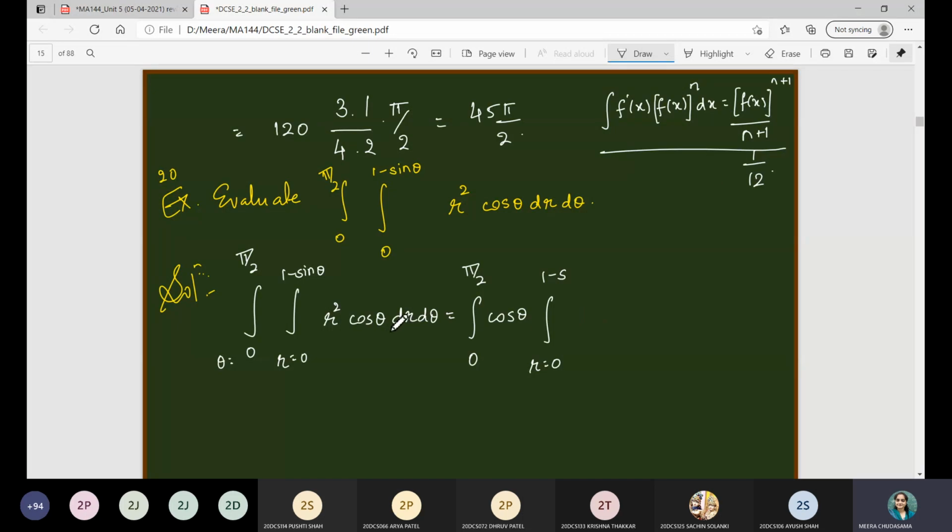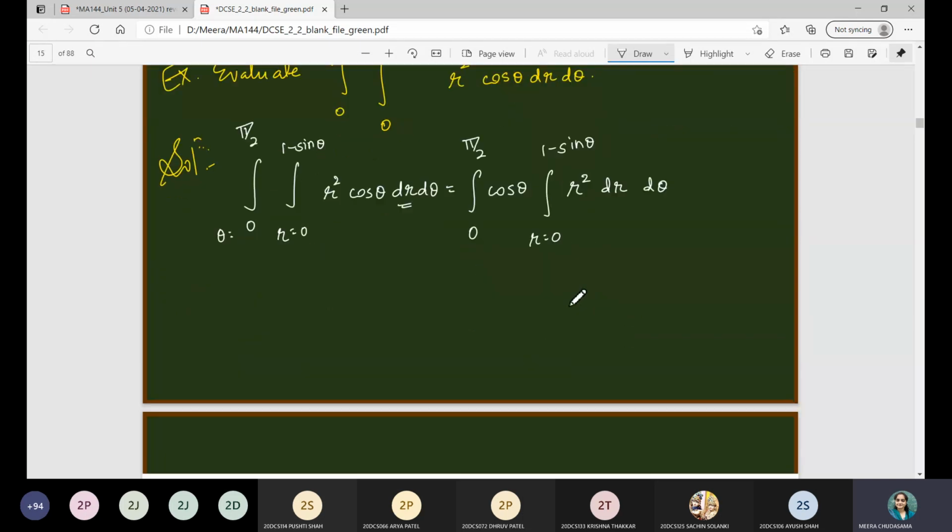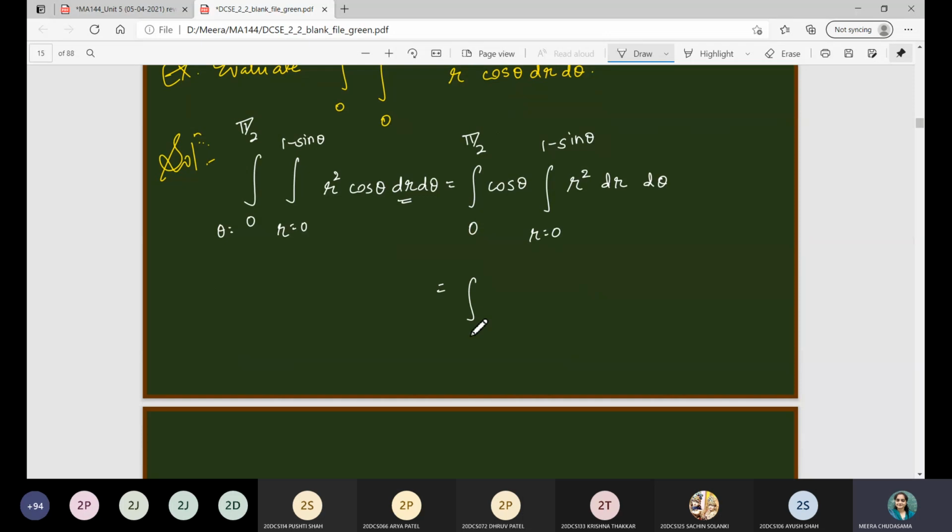So here, let me solve it. Since we are going to consider first the integration with respect to r, theta is taken outside of the integration and it will be r square dr d theta, right? So this is the inner integral, whose integration is nothing but r cube upon 3.